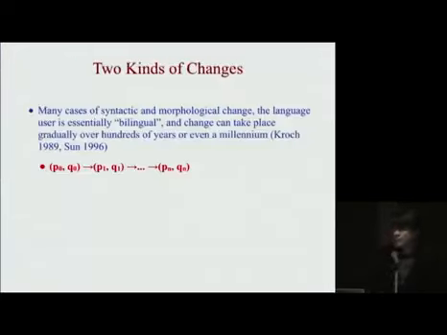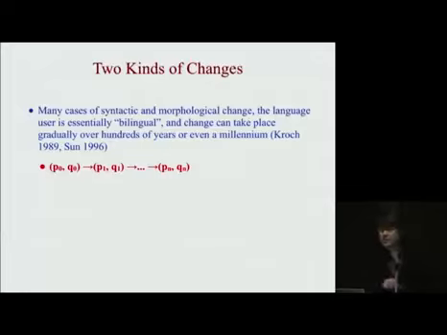If you look at historical linguistics broadly, you see two kinds of changes. One is very familiar. The other is quite recently discovered. One kind of change, as in many cases of syntactic and morphological change, is where language users are essentially bilingual. You have two competing systems, which can be viewed as a probability distribution over, say, two grammars.